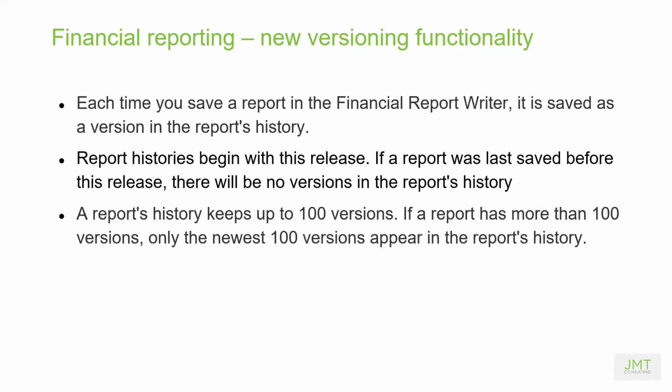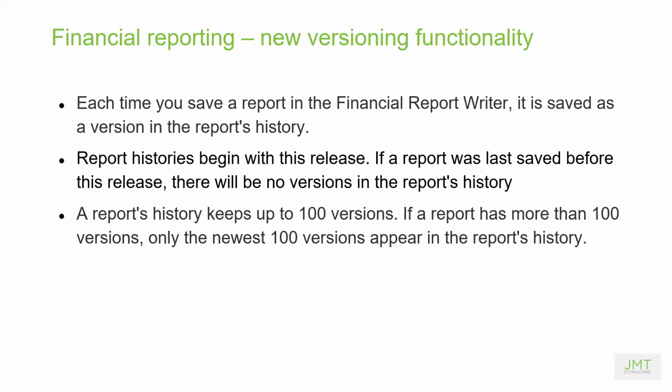And the versioning will save up to 100 different versions. Because every time a person hits save, especially when you're building, it's going to save a copy. So if I'm building a report, I may be saving a lot just in the process of building the report.